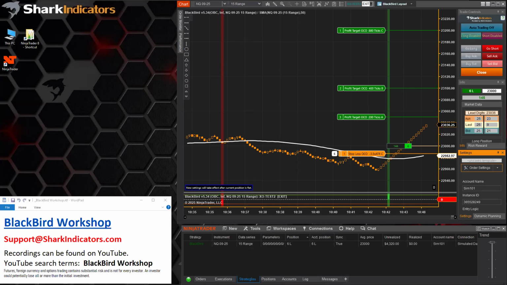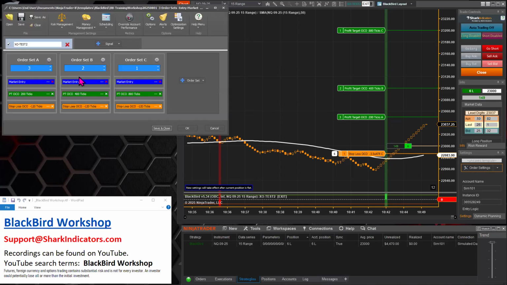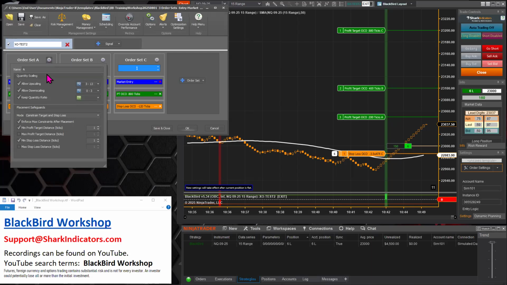All the numeric values within an order set can be optimized, except the number of contracts. So the number of contracts and some other minor details. So like the order set custom settings here can't be optimized there, right?